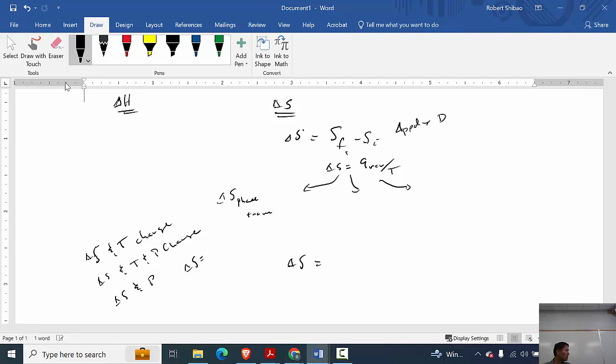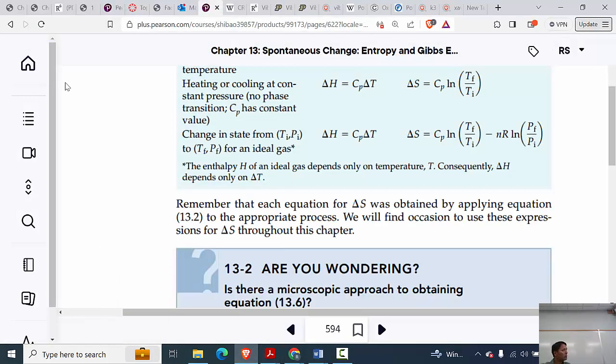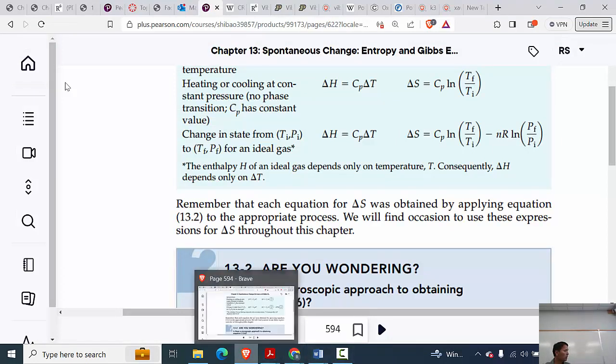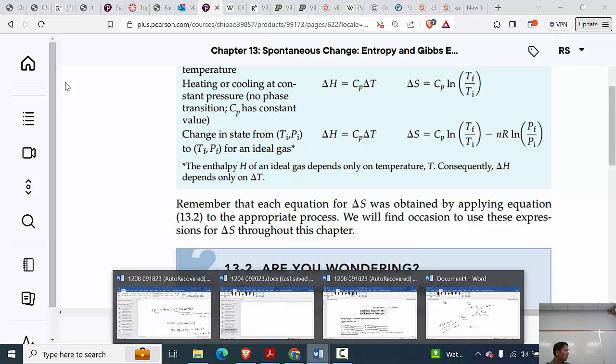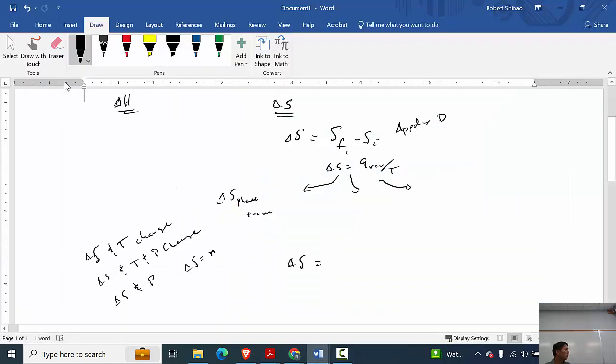And so delta S is going to equal, we'll just change the sign of the second term here, NR ln, and we're going to flip it, so it's going to be P initial over P final. Or we could flip this and call it negative.